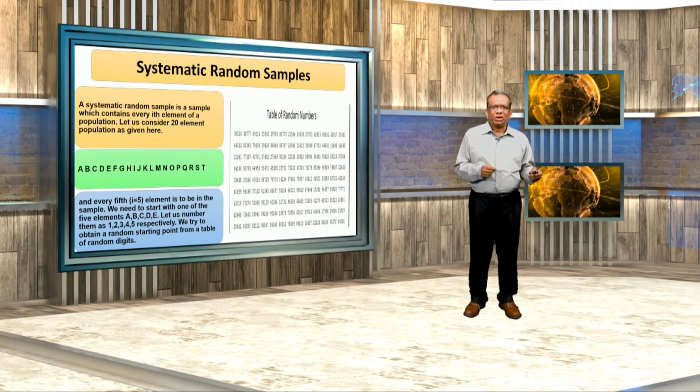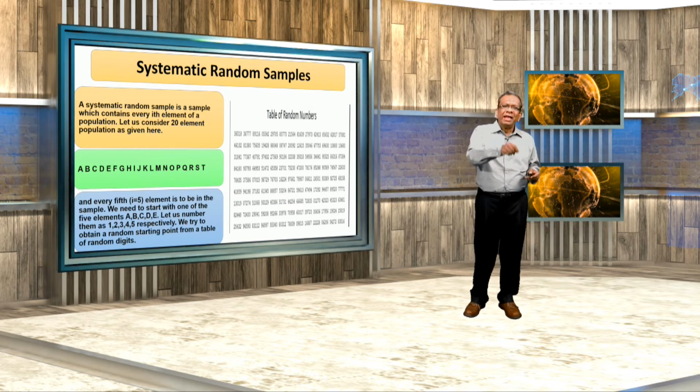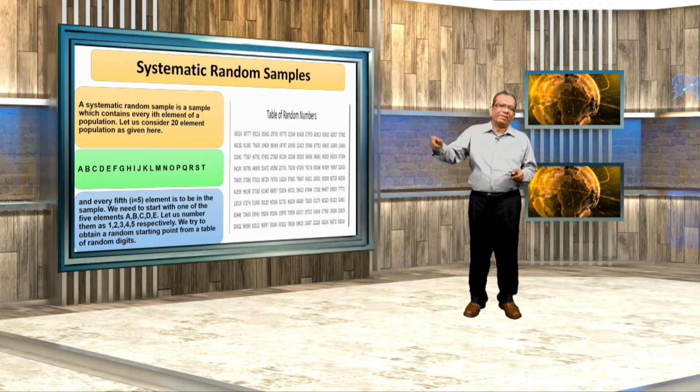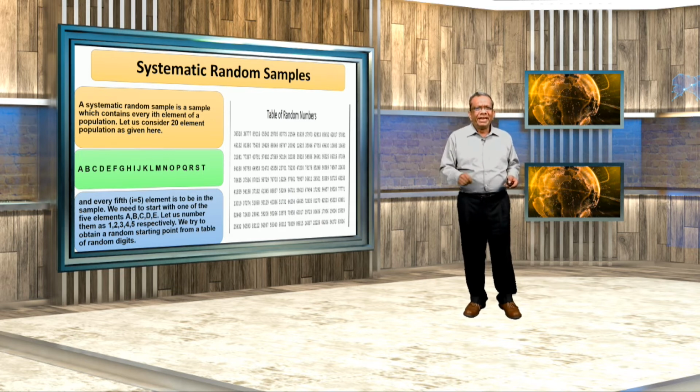We need to start with one of the first 5 elements, A, B, C, D, E. Therefore, we will number them as 1, 2, 3, 4, 5 respectively. We try to obtain a random starting point from a table of random digits. Here is the random table that I got from the internet, which you can use.